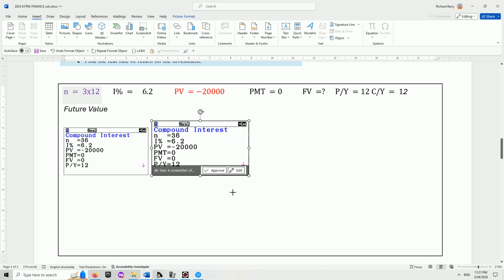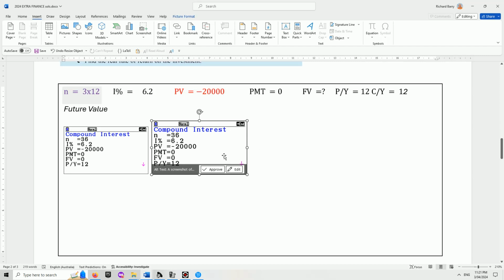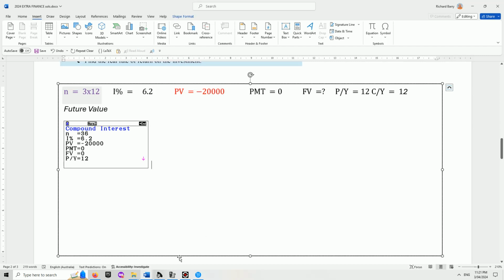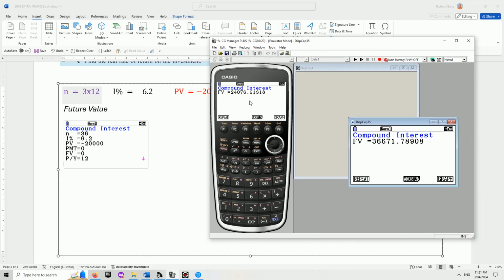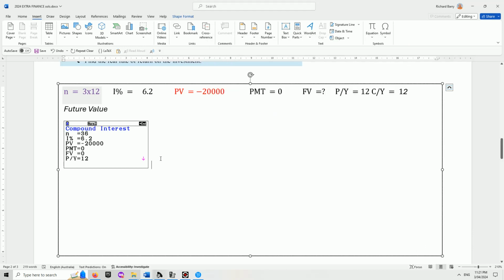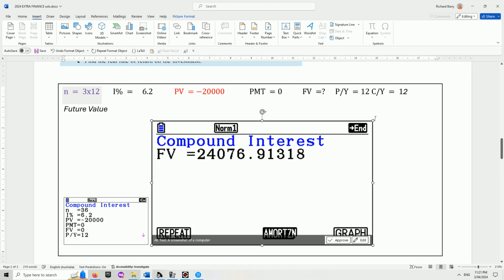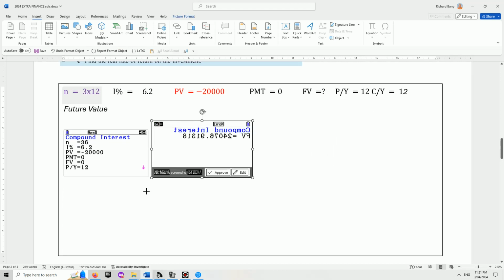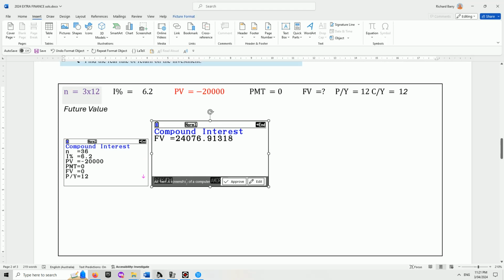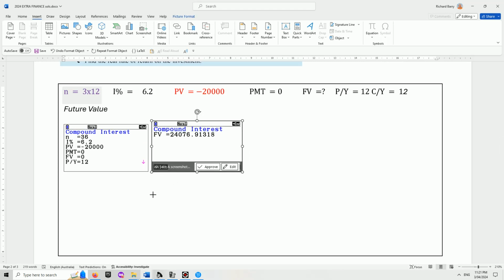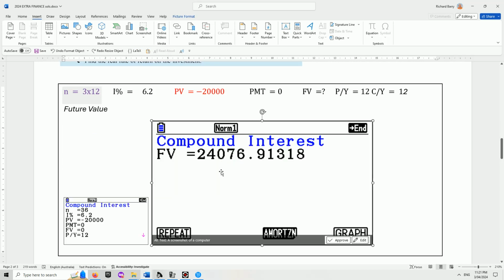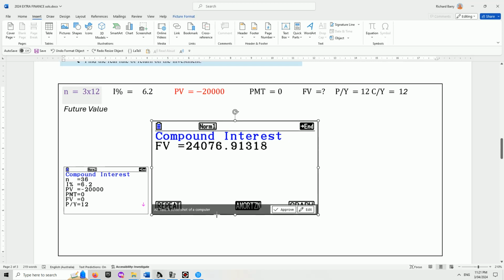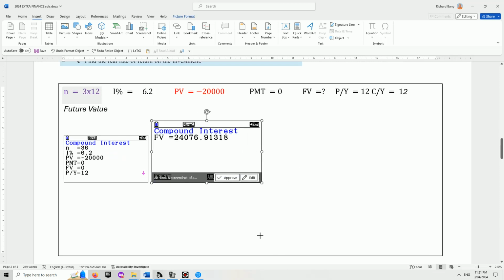You should always check in your head that $20,000 turned into $24,000. Did the investment grow? Yes.